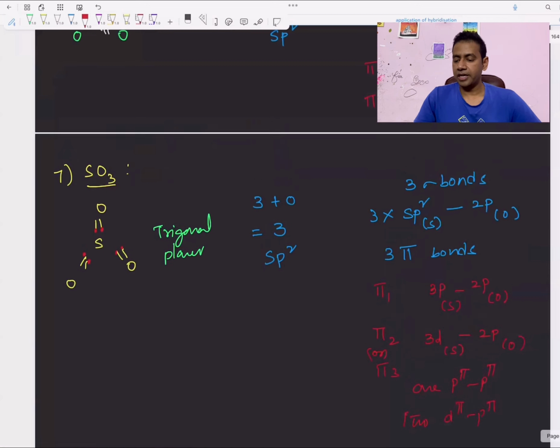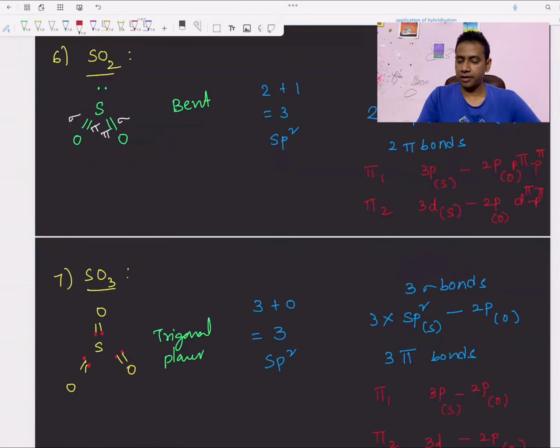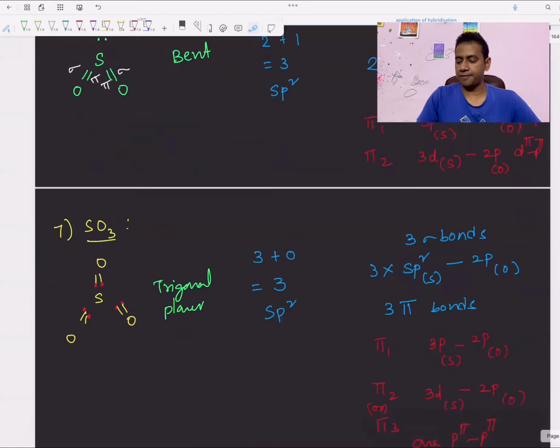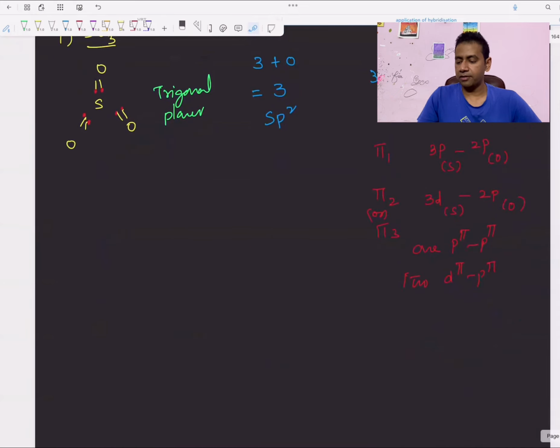Please note that in sulfur dioxide we have only one p pi p pi bond and one d pi p pi bond. In sulfur trioxide, we have one p pi p pi and 2 d pi p pi bonds. So it is very easy to tell.